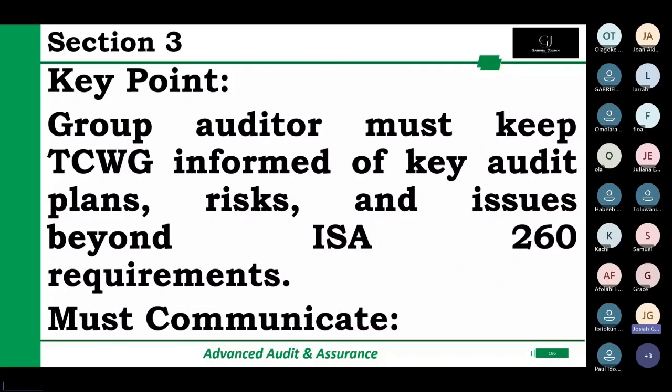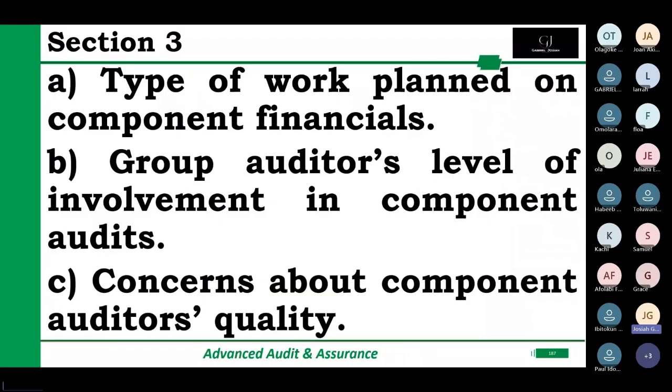So he must communicate with those charged with governance, inform them of key audit plans, risks, and issues beyond ISA 260 or 265 requirements. He needs to communicate around the type of work planned on component financials and also the group auditor's level of involvement in component audits. He also needs to communicate concerns about component auditor's quality.